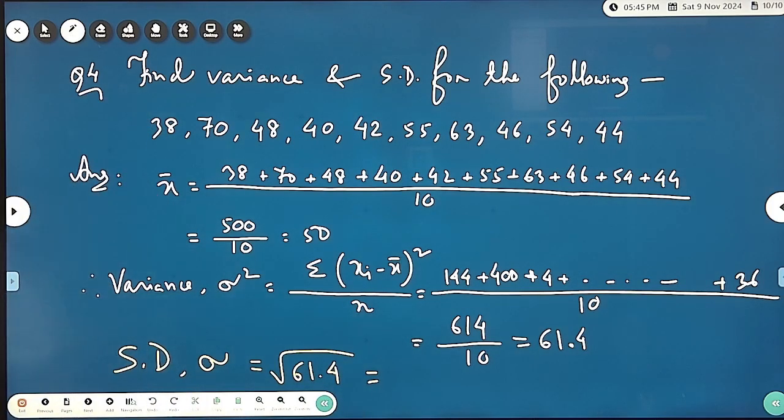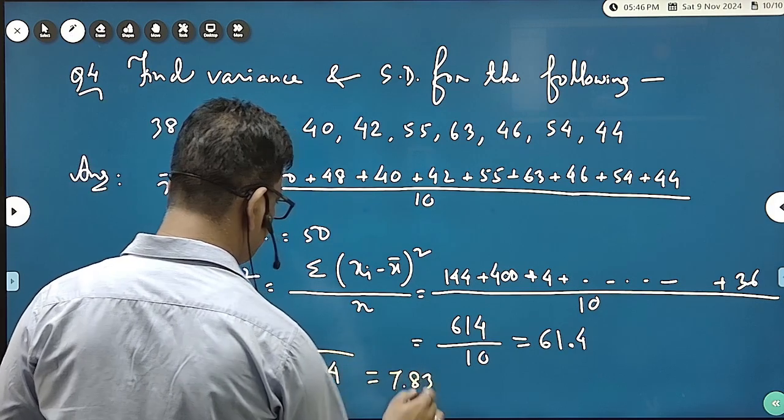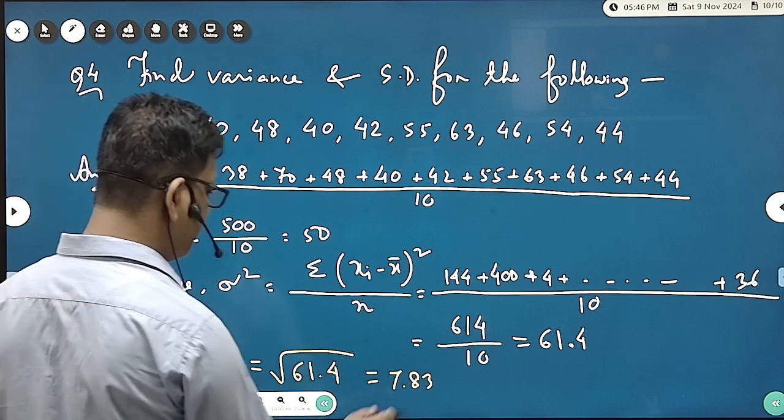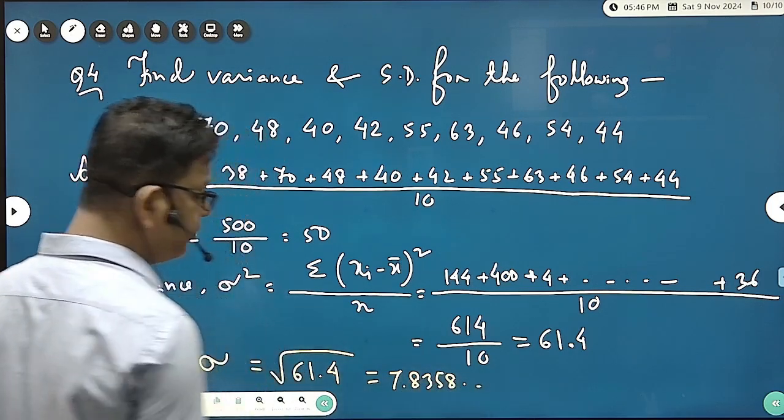Go to the calculator and find the square root directly. The square root of 61.4 is 7.8358 and so on. It'll keep going.